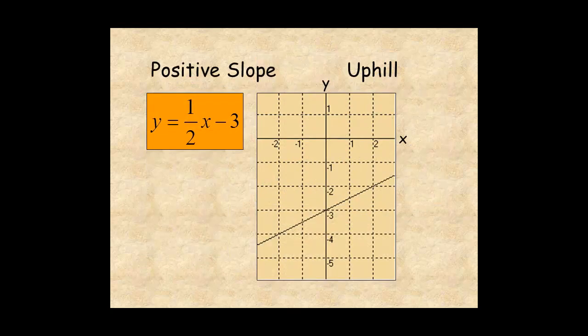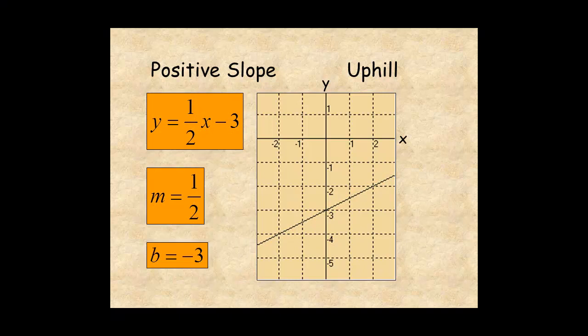For equations with positive slope, the graphs go uphill to the right. For this example, the slope is positive 1/2, and the y-intercept is negative 3. The line begins at negative 3 on the y-axis and goes up 1 and over 2 to the next point.